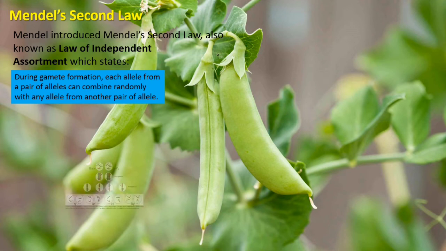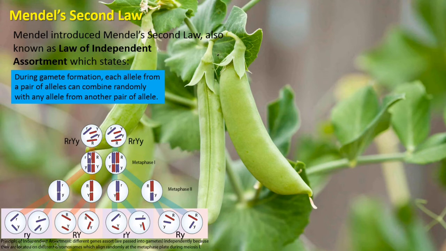So this is how the combination is produced. Example here, capital R, small r, capital Y, small y, we produce the 4 combinations of alleles. The combination is caused by the independent assortment during metaphase 1 or metaphase 2.